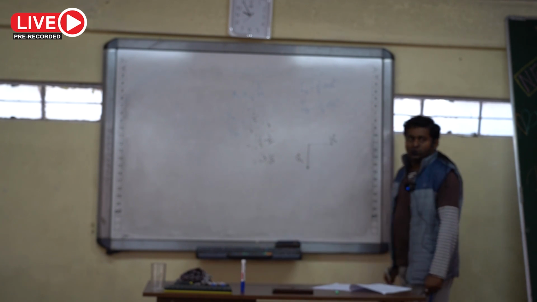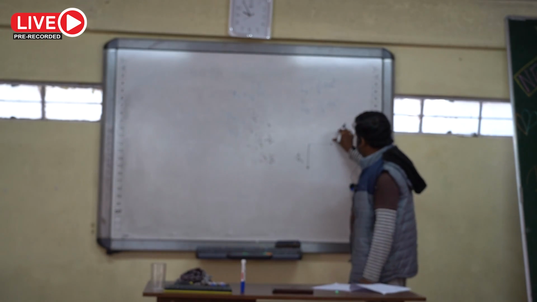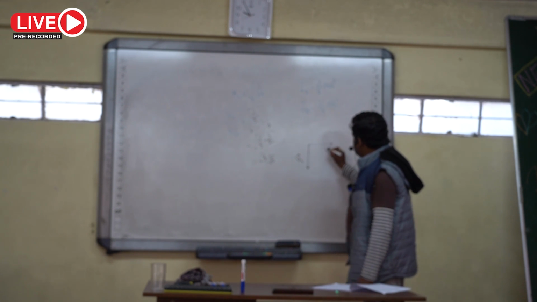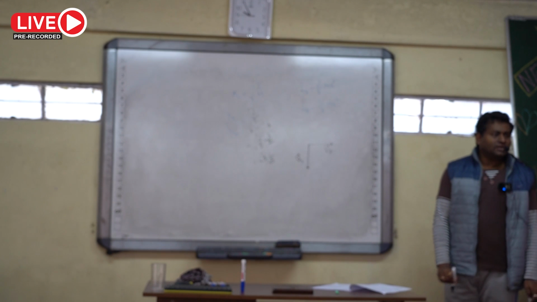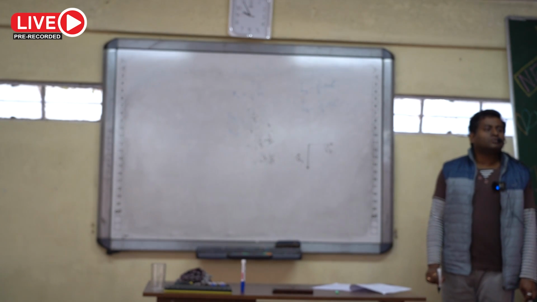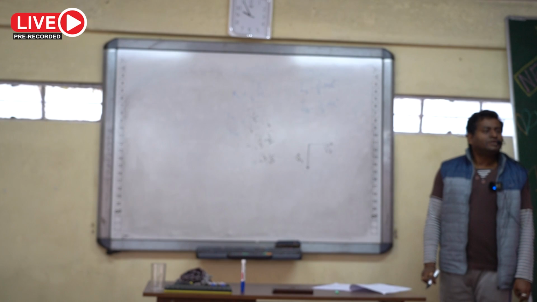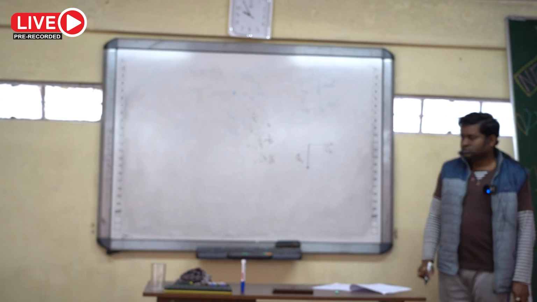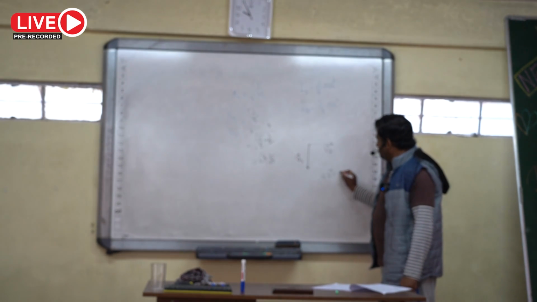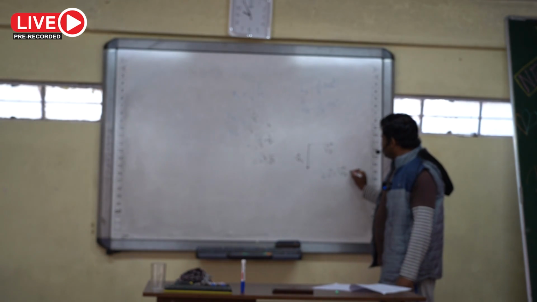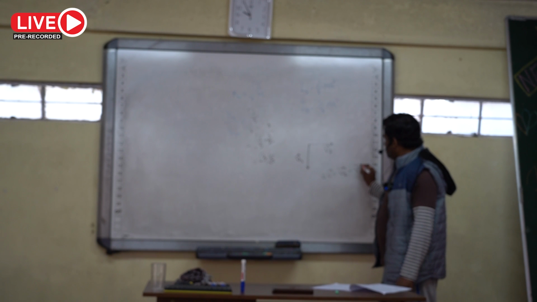Okay. Now to find the change in velocity, we have to calculate V2 minus V1. The change in velocity delta V means V2 minus V1.